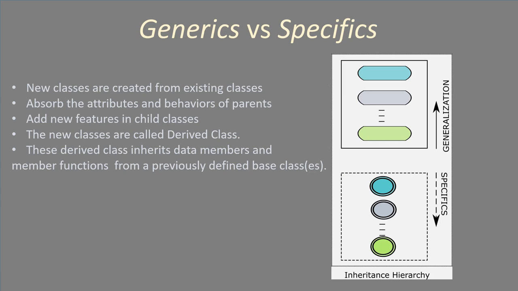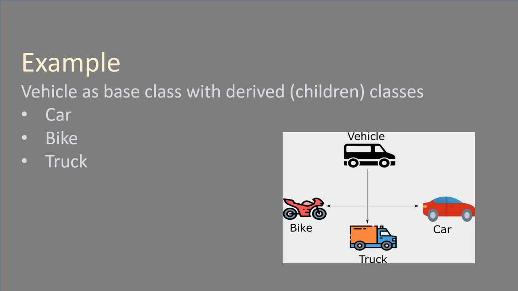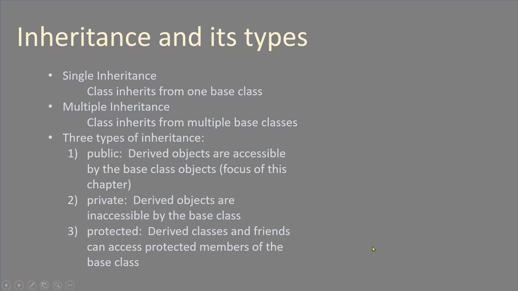The parent class has generic properties, and the child class has generic properties also with some specific attributes. We discussed vehicle, from which we have inherited truck and car classes. We also discussed single inheritance, where one class inherits from one base class, and multiple inheritance, where one class is inherited from multiple base classes.